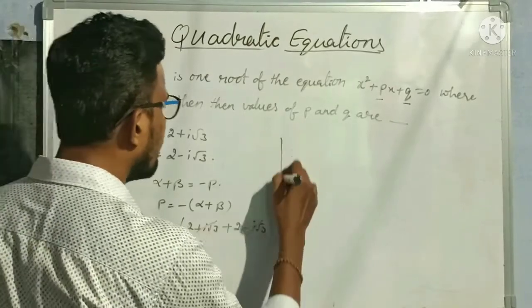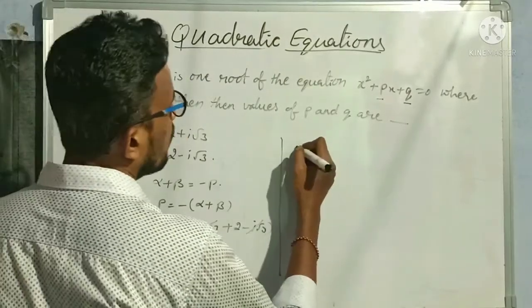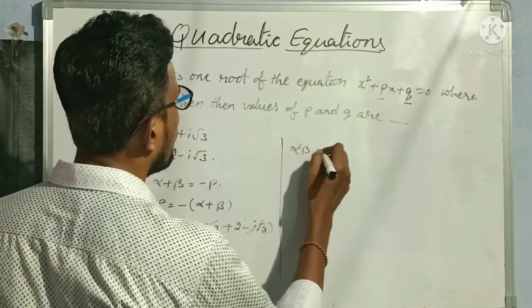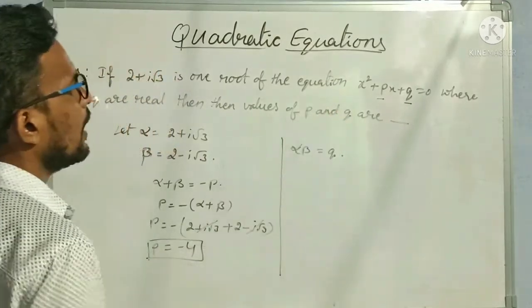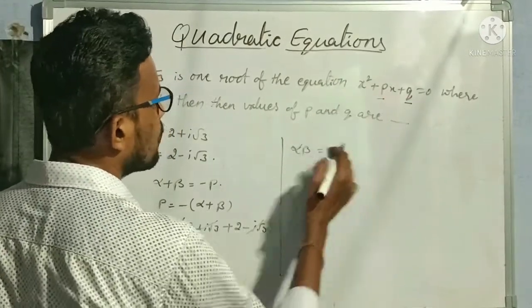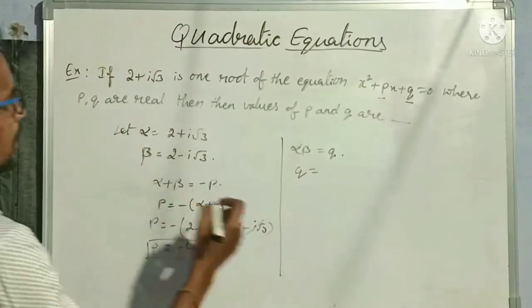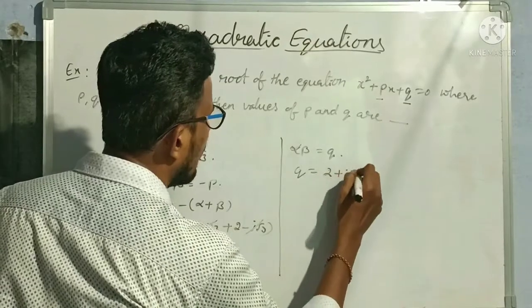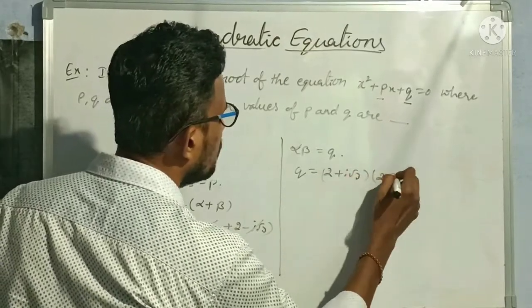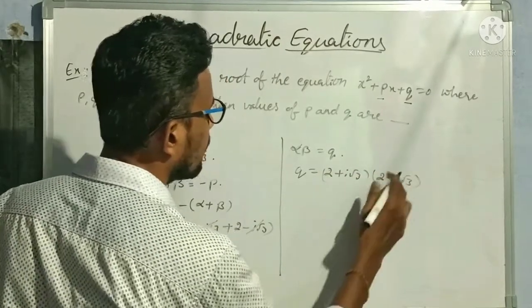Now let us find out the value of q. So alpha beta is equal to q. c by a means q by 1, so q. So q is equal to alpha into beta, means 2 plus i root 3 into 2 minus i root 3.